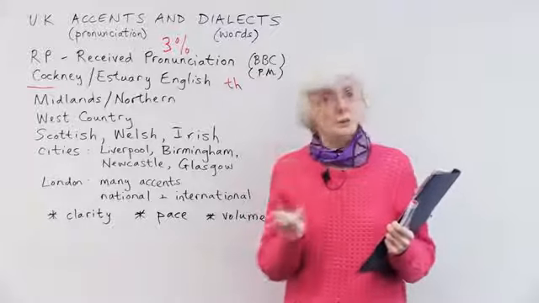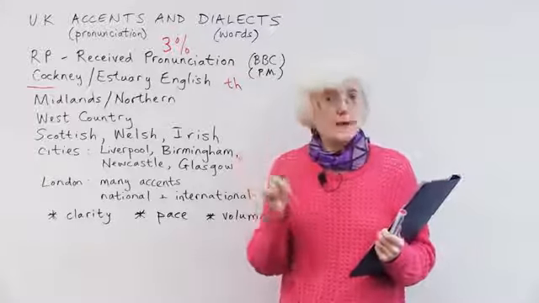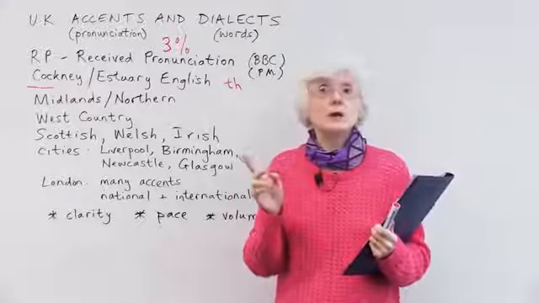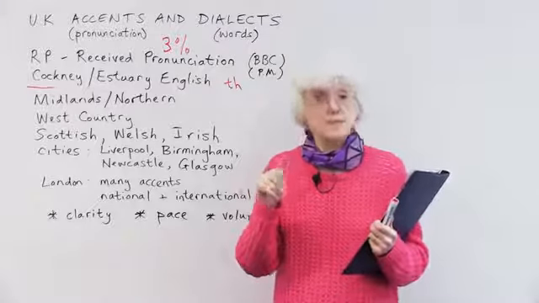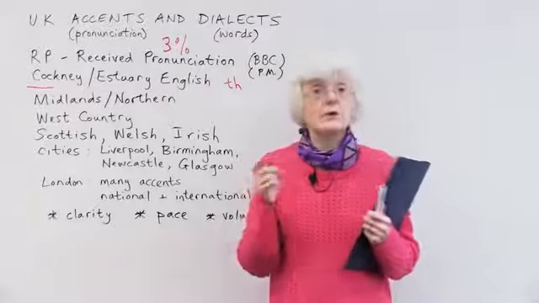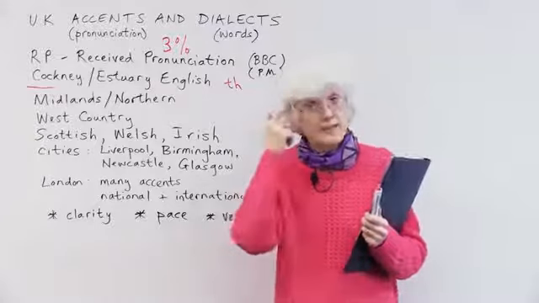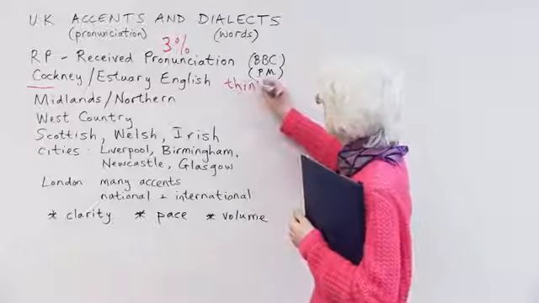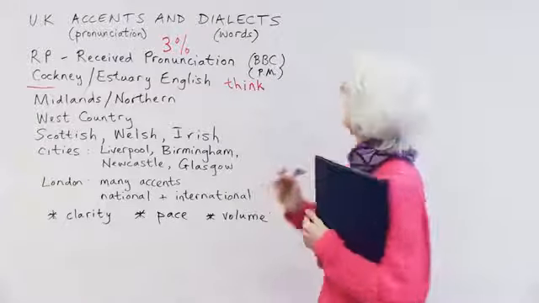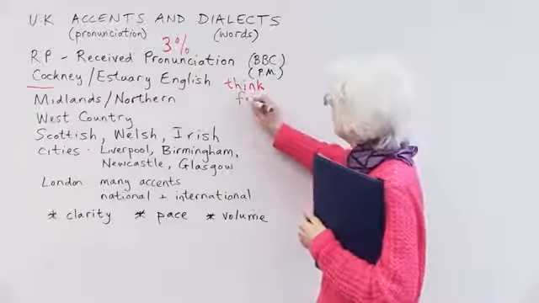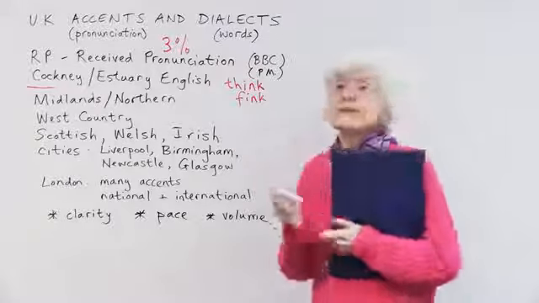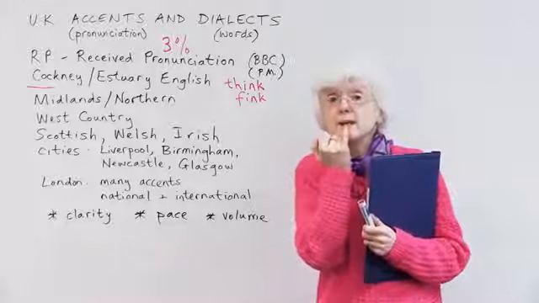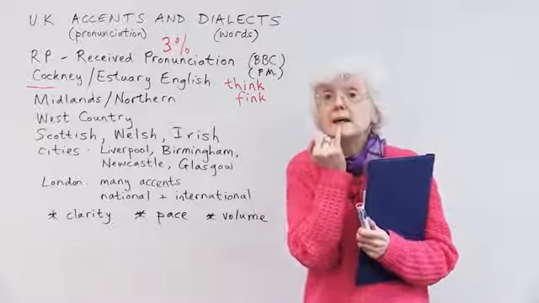But a Cockney person may not use the th. They will use an F sound or a V sound instead. So the word think, I think, they would say instead of think, they would say it like that, fink, fink, and the top teeth are on the bottom lip, fink.